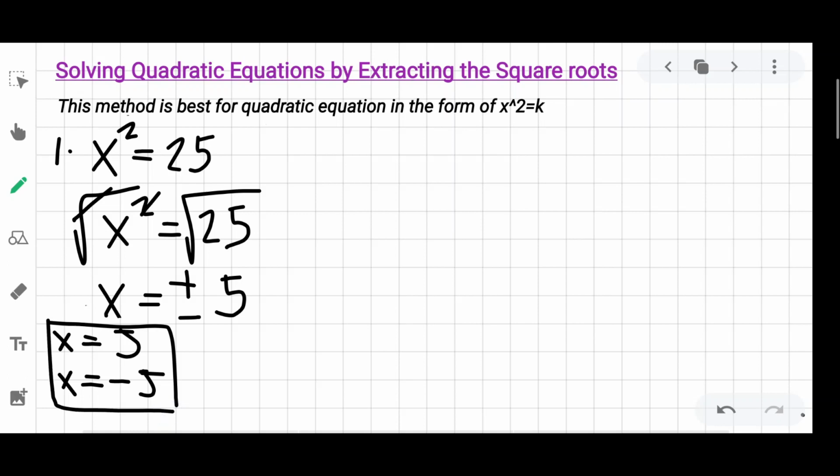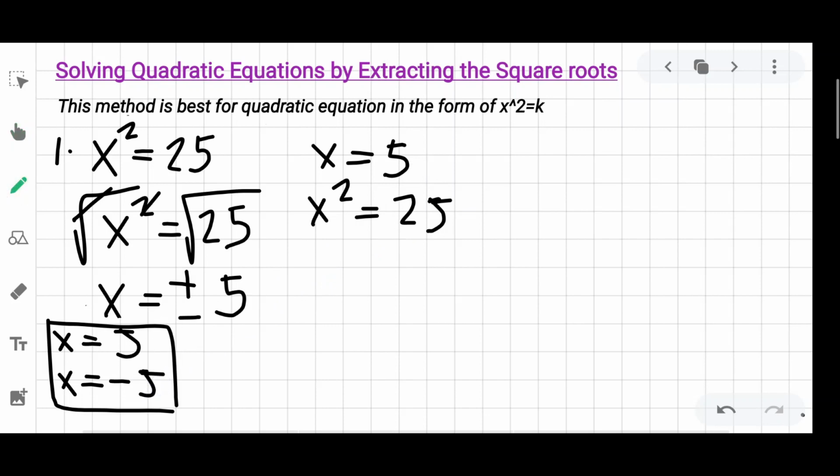So, para ma-check natin, kung gusto nyong i-check kung tama ba ang sagot natin, ang gagawin nyo lang is, let's say, i-check natin kung tama ba ang sagot natin, which is x equals 5. So, gagamitin natin yung original equation, which is x squared equals 25. Papalitan lang natin yung value ng x ng 5 doon sa nakuha natin kanina.